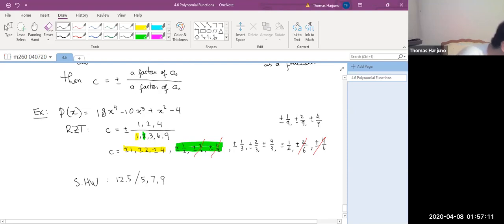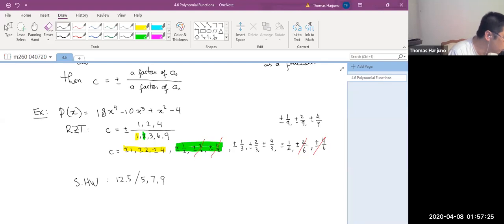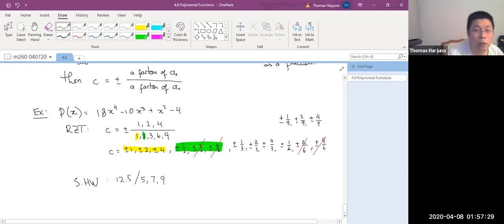Okay, and then 12.4. Actually, no homework from 12.4. 12.3.